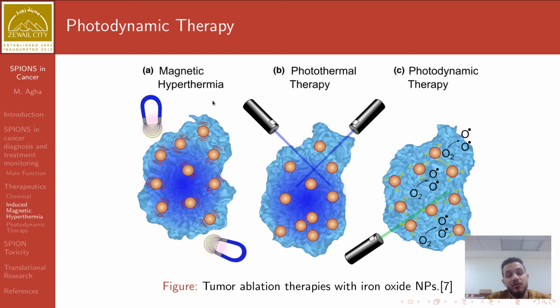So we know that we have magnetic nanoparticles in situ. What we can do is do a little damage to them. We can use magnetic hyperthermia or photothermal therapy, or we can use photodynamic therapy. So these all rely on disruption of the cell around them.